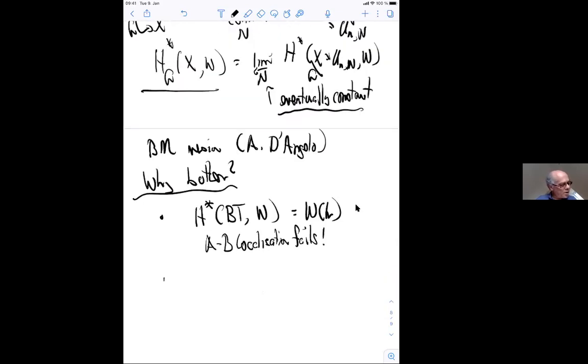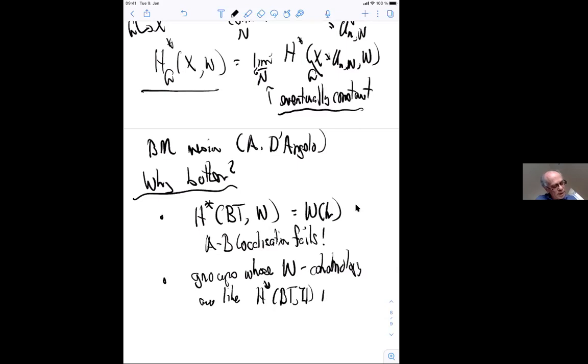So what are the groups whose W cohomology, for the classifying space, is like the singular cohomology of BT?